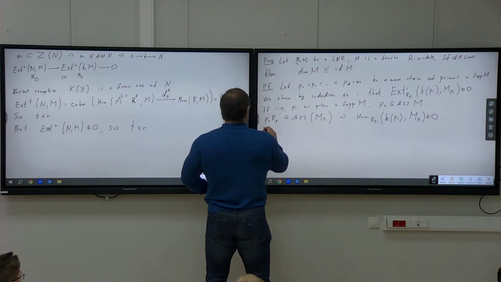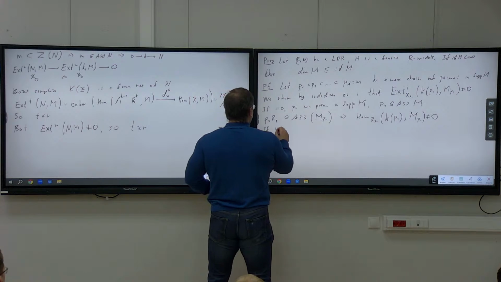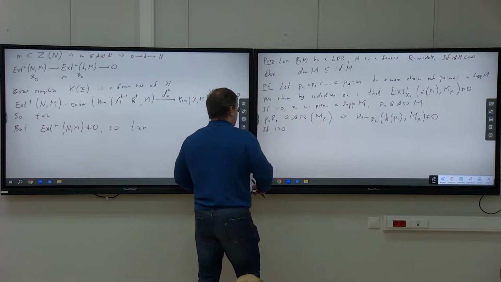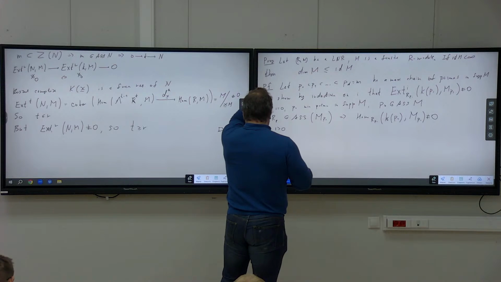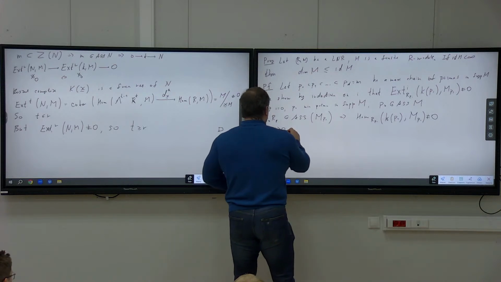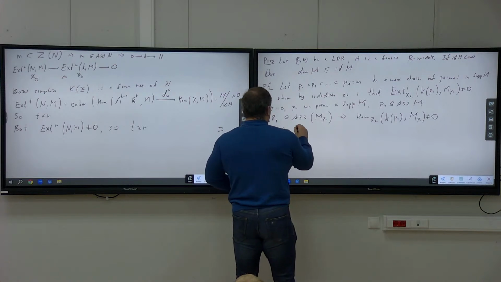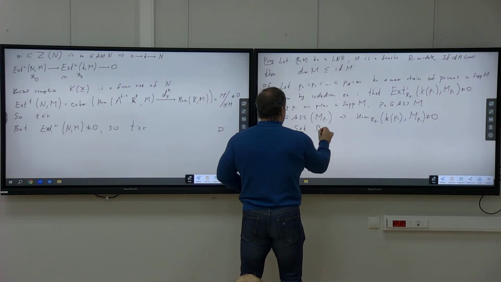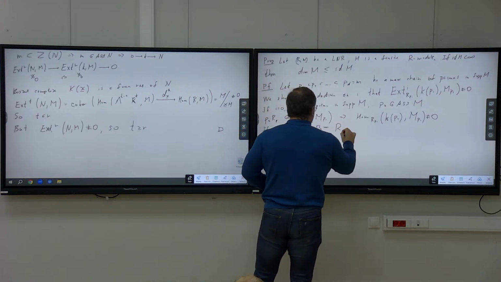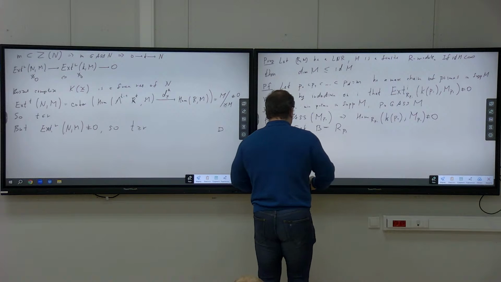Now let's do the situation when I is positive. For shortness of the notation, let B be the ring which is R localized at Pi.